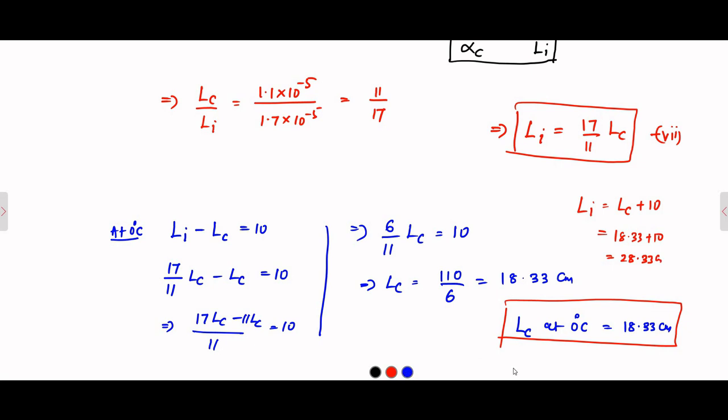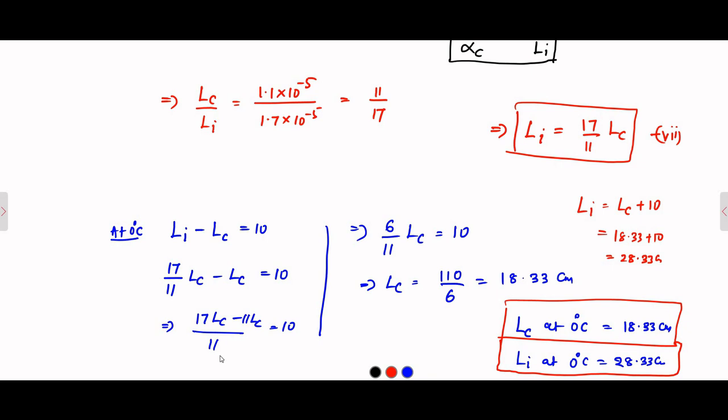So the length of the iron cylinder at 0 degrees Celsius is equal to 28.33. So both the initial lengths of the iron and copper cylinder at 0 degrees Celsius, we have calculated.